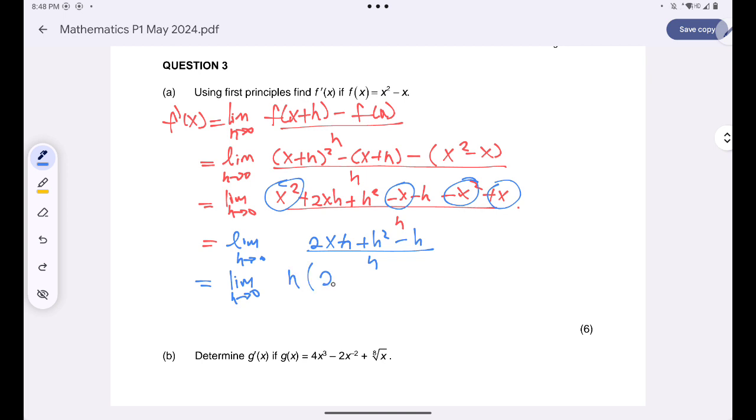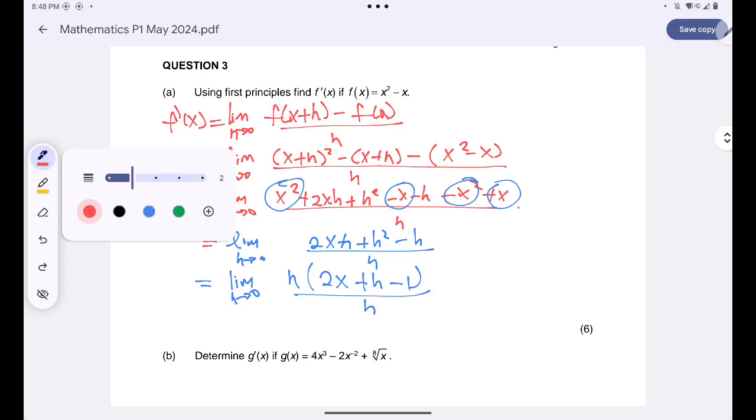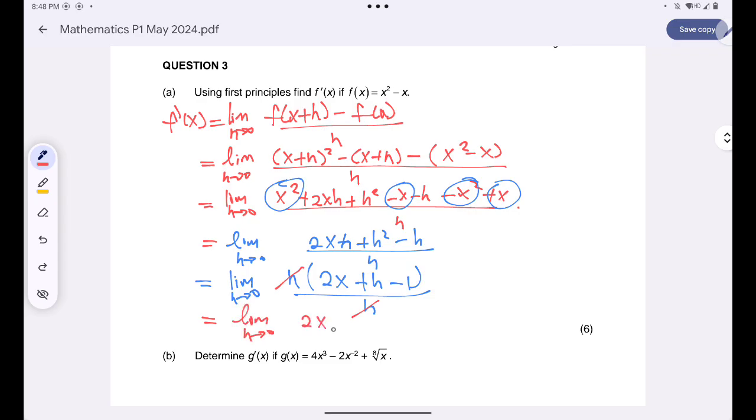Then in the numerator I'll be left with 2x plus h minus 1 all over h, and then this will cancel with this one. I will be left with limit as h approaches 0 of 2x plus h minus 1.